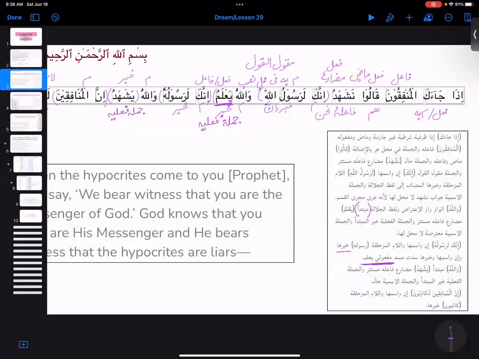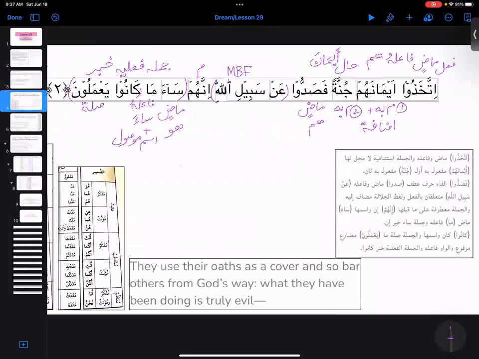Does that make sense? Maf'ulay ya'lamu, because this is an idafa construction. Okay, so now these are our two maf'uls.